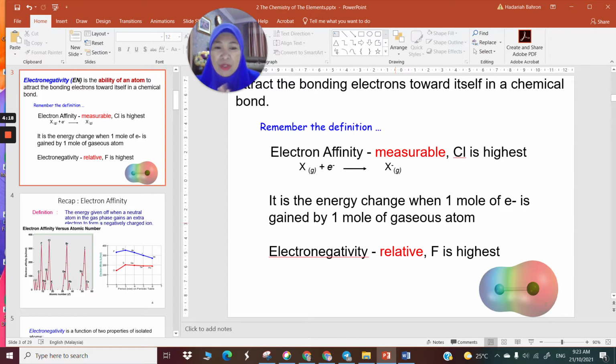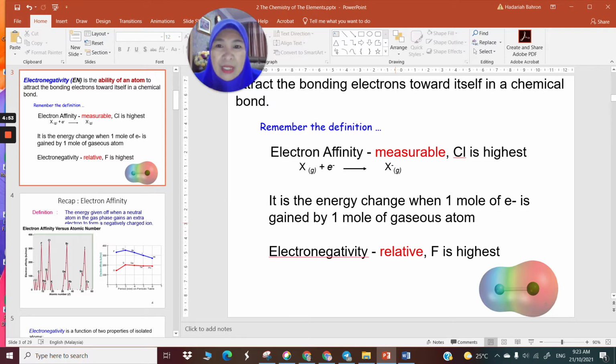However, when we talk about electronegativity, as I said just now, you have two atoms bonded together and which one of the atoms has the ability to attract the bonding electrons to itself. It is relative. And among the many elements in the periodic table, fluorine has the highest electronegativity, even though it has a lower electron affinity compared to chlorine.